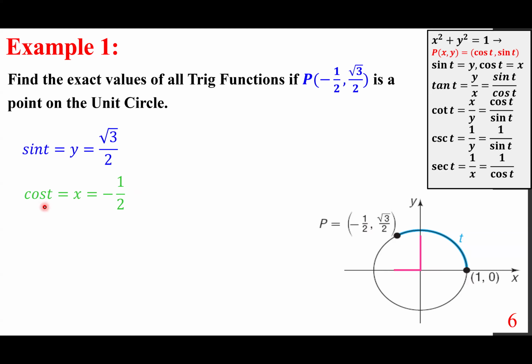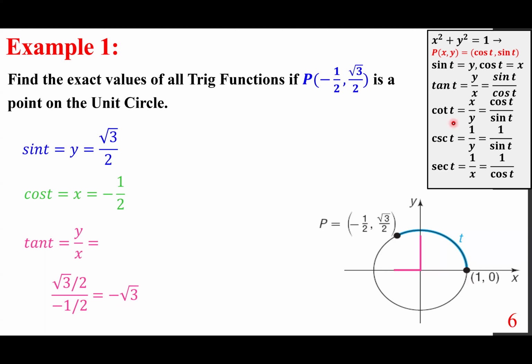Tangent is sine over cosine, or y over x, however we want to think about it. So that means this one over this one. It's a complex fraction. The denominators cancel each other. We get negative square root of 3.